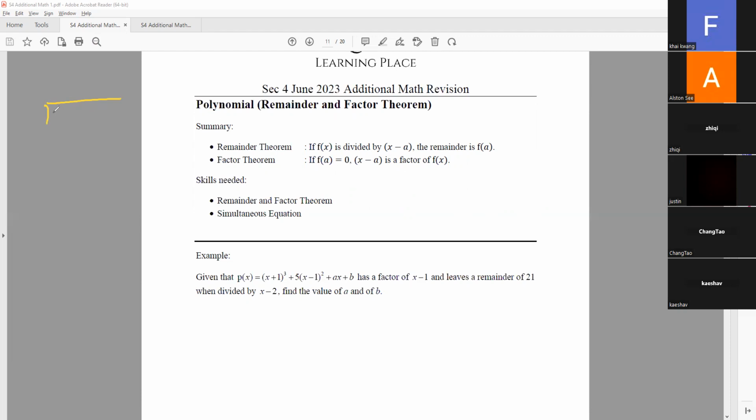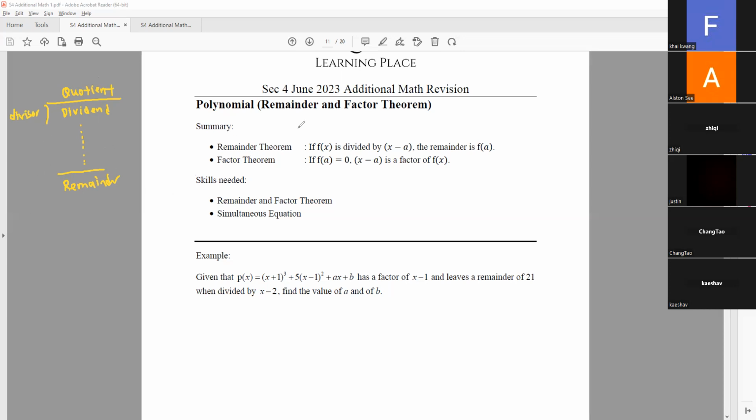This is what I call the divisor. This is what I call the quotient. This is what we call the dividend. And then when you do your long division, this is called the remainder. So how are these related?